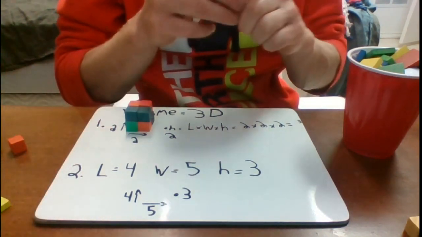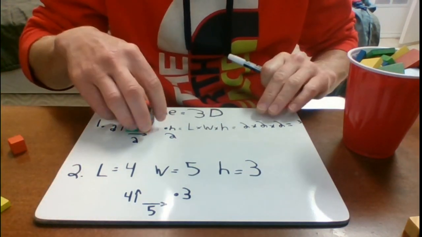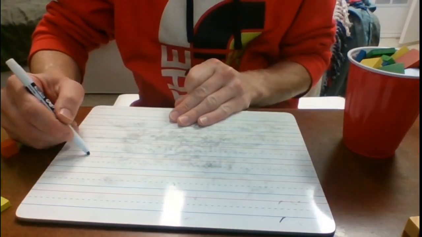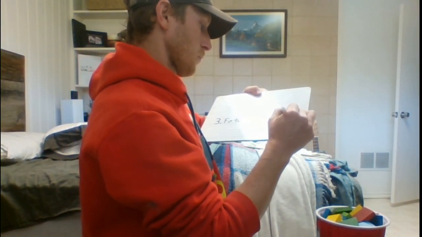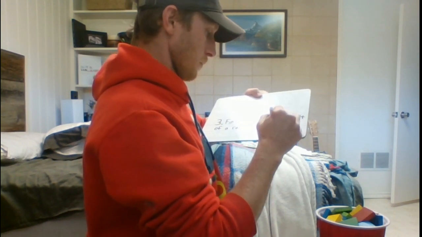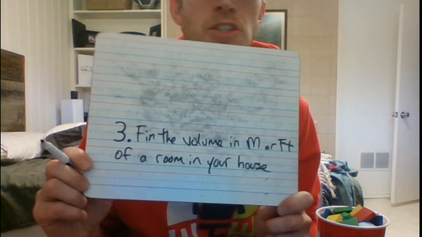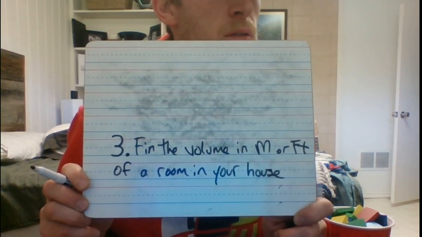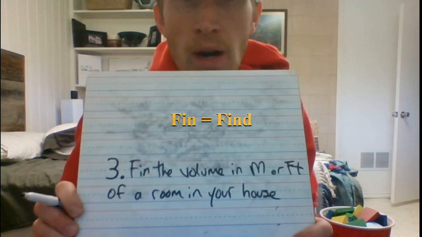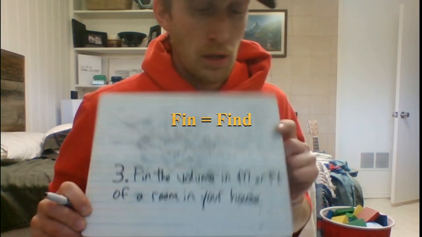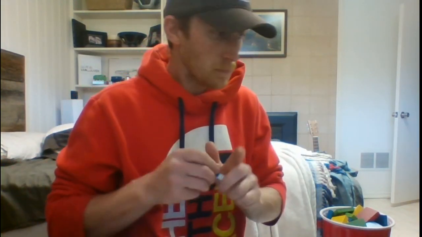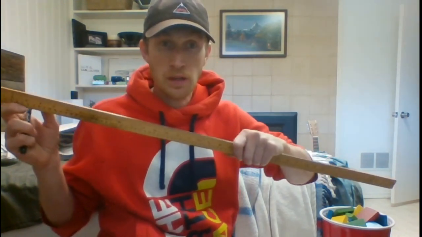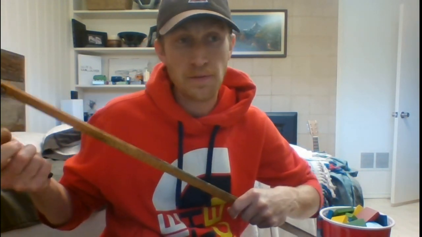And then, finally, I want you to find the volume in meters or feet of a room in your house. So for that, you could use a meter stick. You could use a tape measure that has feet.